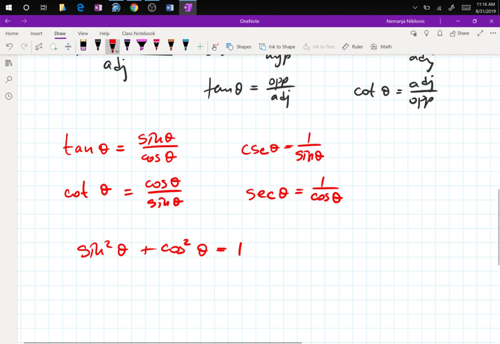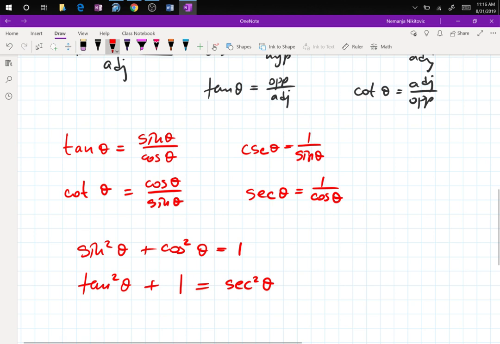If you divide through by cosine squared everywhere, you get sine squared over cosine squared, which is tangent squared theta, plus cosine squared over cosine squared, which is 1, and then 1 divided by cosine squared is secant squared theta. So just by dividing the first equation, which you must memorize, by cosine squared, you get the one on the bottom.